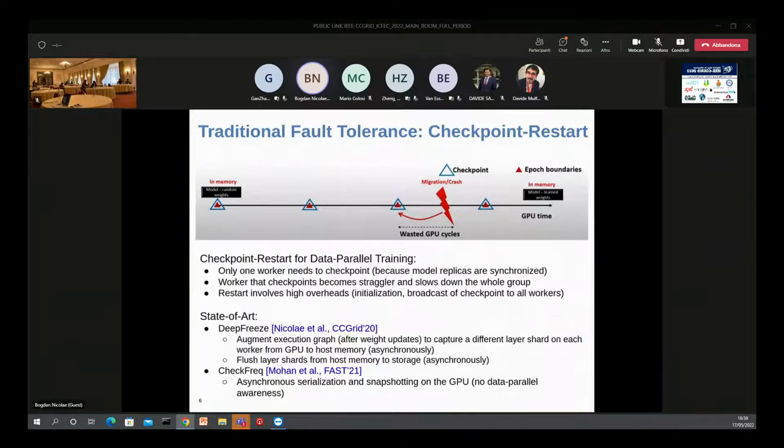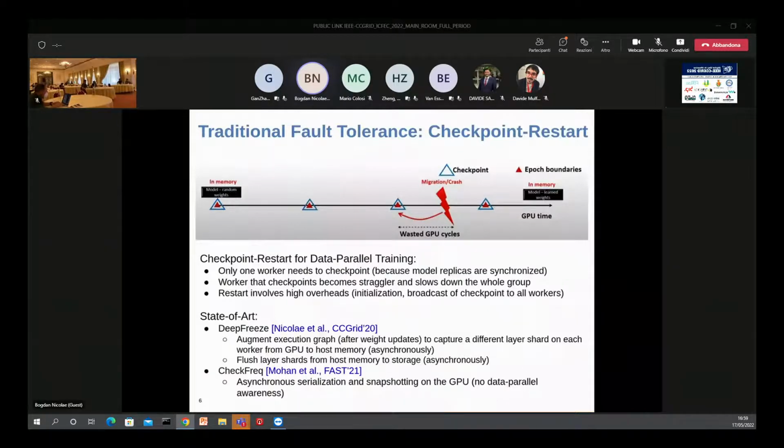And also restart may involve high overheads because of initialization and the need to integrate the workers that replace the ones that have failed. And so we have techniques to make checkpoint restart efficient for data parallel training and deep learning in general, not just data parallel training.